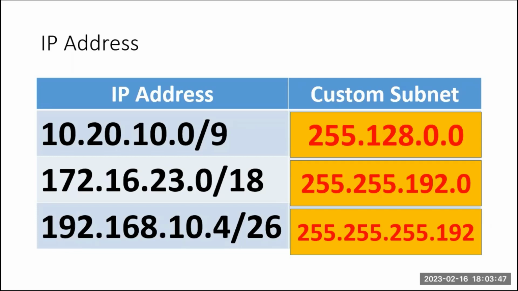All right. So I'm going to give us an IP address now, and we're going to work out the increment, the network ID, and the valid hosts as well as the broadcast ID for each of the networks that we come up with.